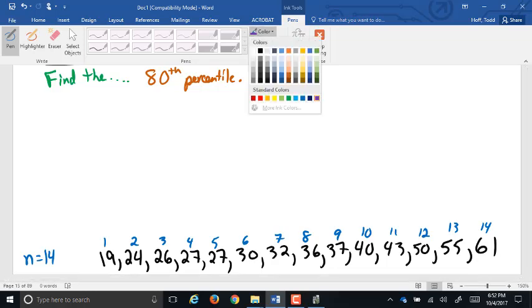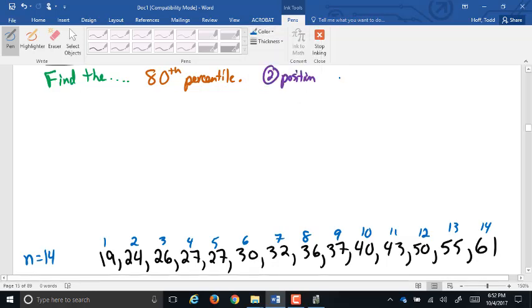This is why we did it the way we did with our median, because the position is n times the percentile. So here that's going to be 14 times 80%, which is 0.8 as a decimal. So that is what, 11.2?